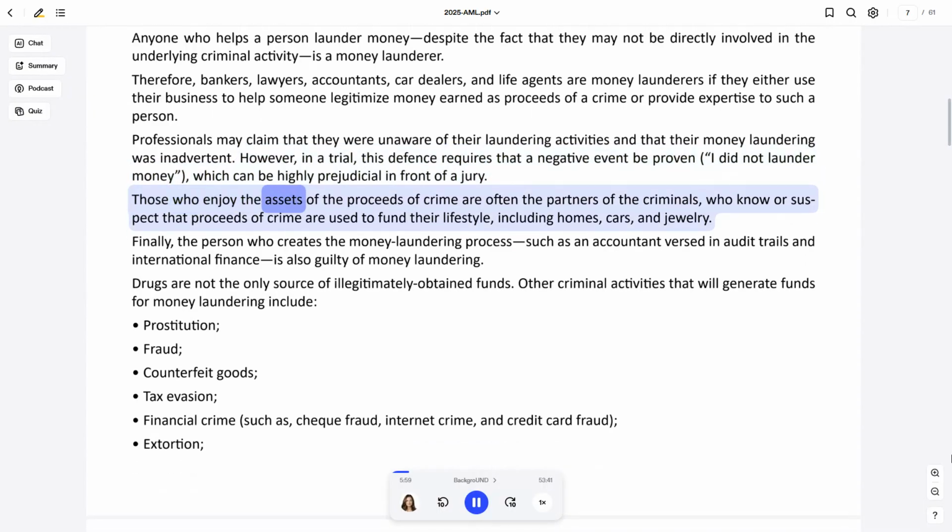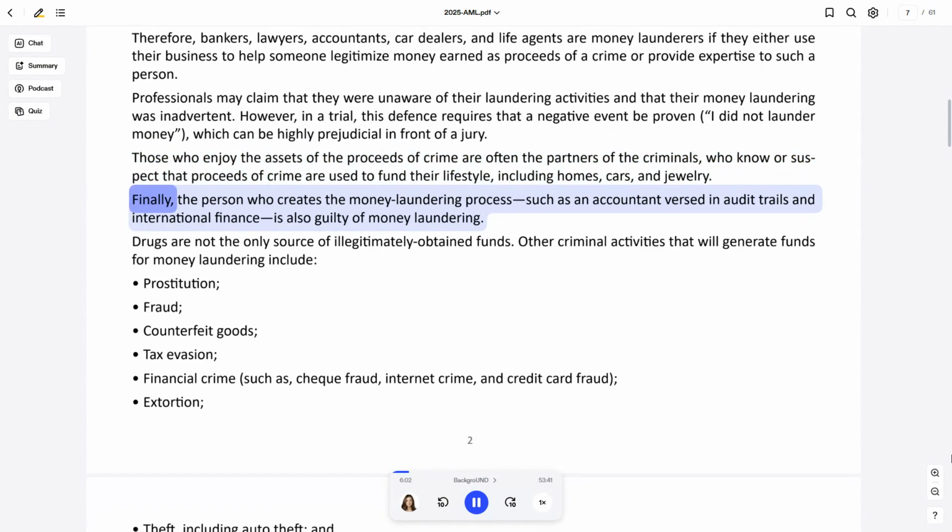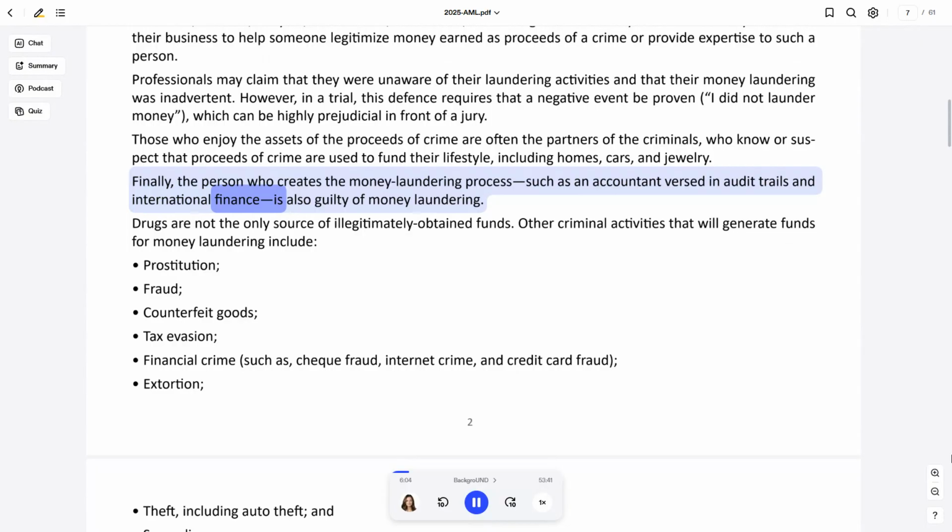Those who enjoy the assets of the proceeds of crime are often the partners of the criminals, who know or suspect that proceeds of crime are used to fund their lifestyle, including homes, cars, and jewelry. Finally, the person who creates the money laundering process, such as an accountant versed in audit trails and international finance, is also guilty of money laundering.